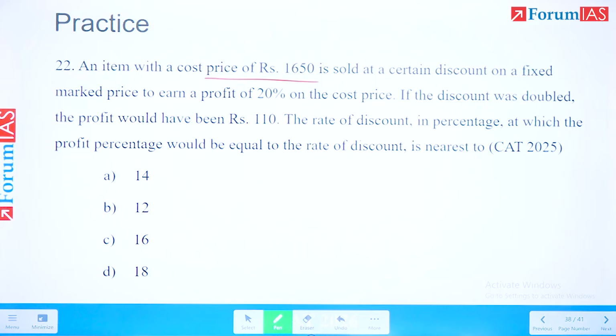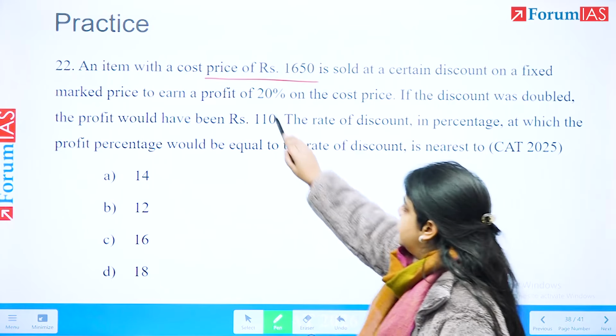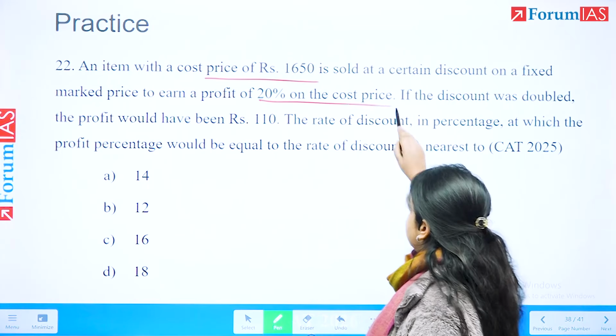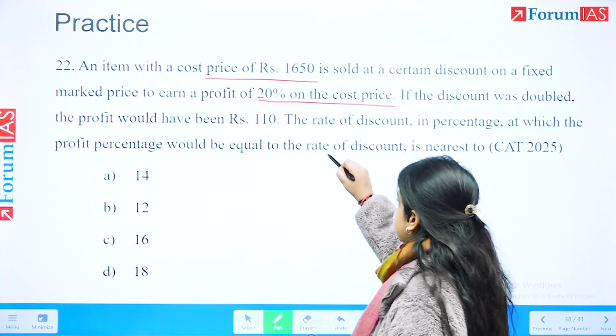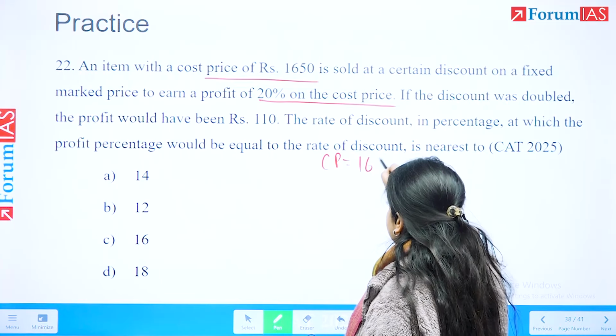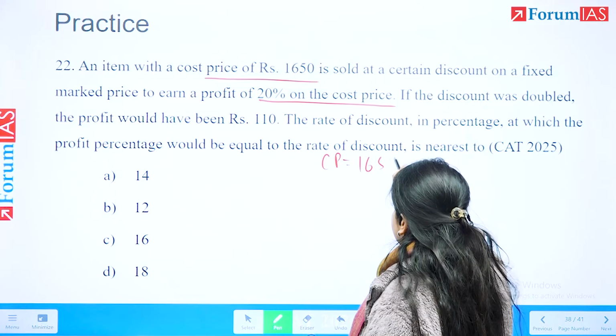Sold at a discount to earn a profit of 20%. Selling price is equal to 1650 into 1.2.